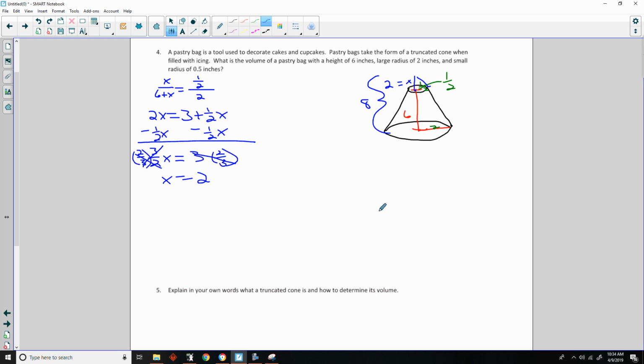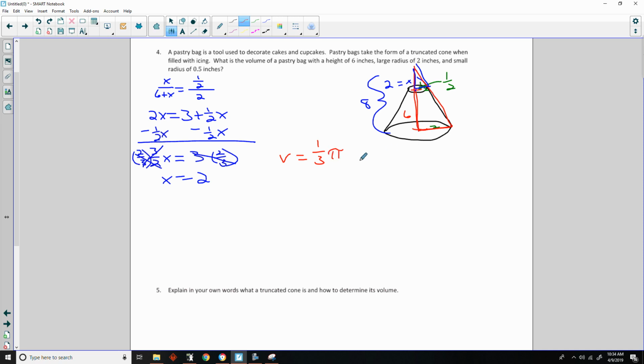So we take the volume of the whole cone. I'll do that in red. So we have an entire cone here, and then we have the little one up here. So we're taking the volume of the whole thing, which equals 1/3. Base area is a circle, pi r squared, times the height.